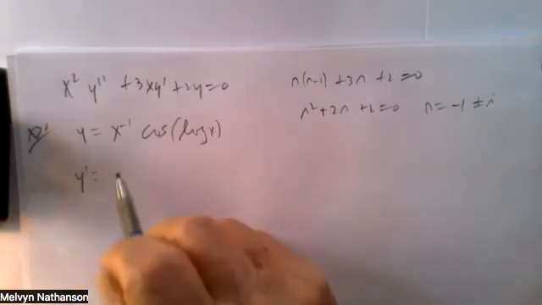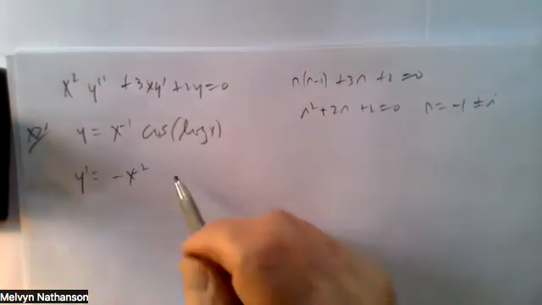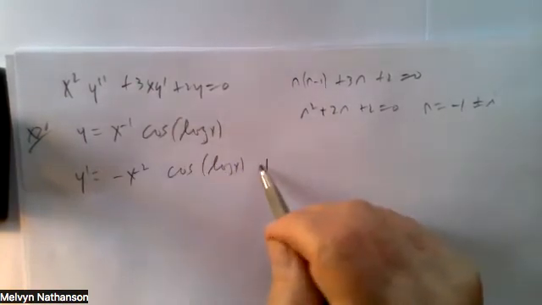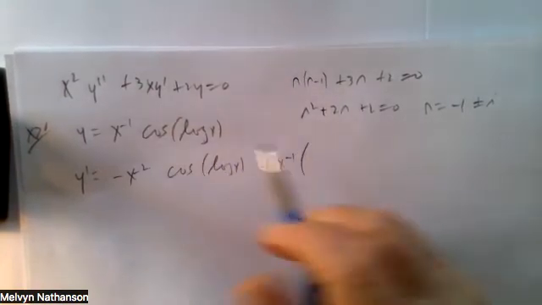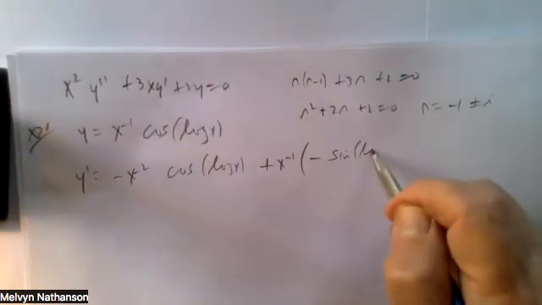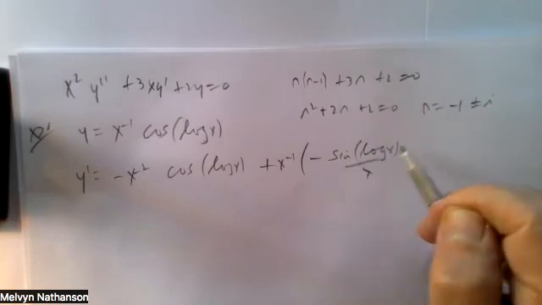So y prime is minus x to the minus 2 cosine of log x plus x inverse times the derivative of this, which is minus the sine of log x over x.